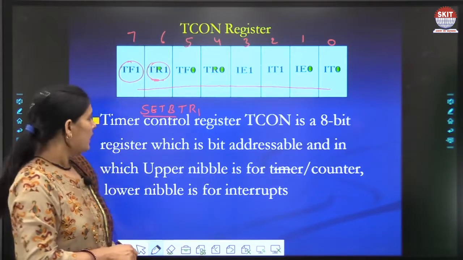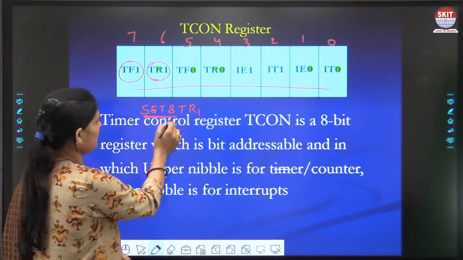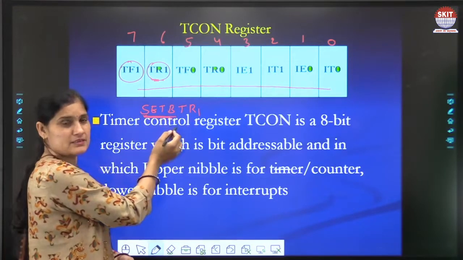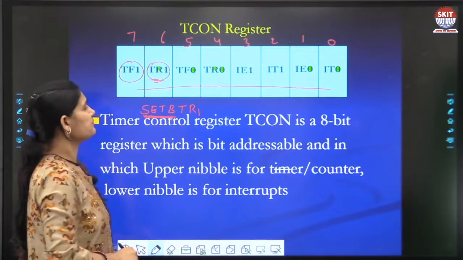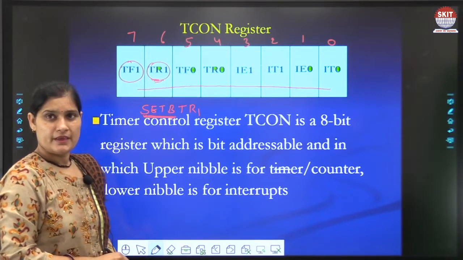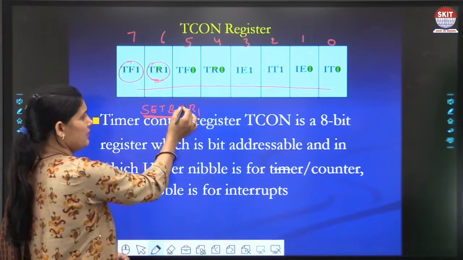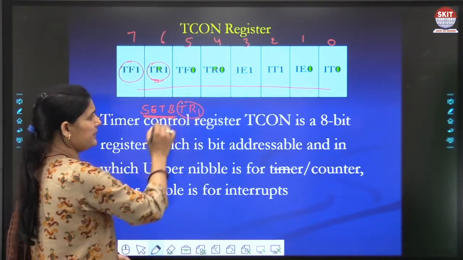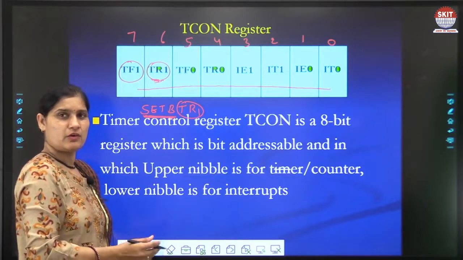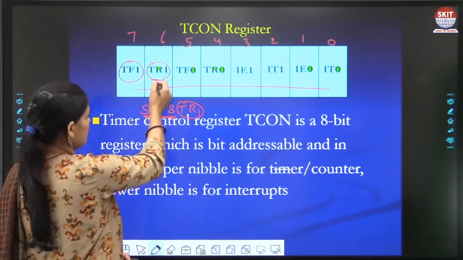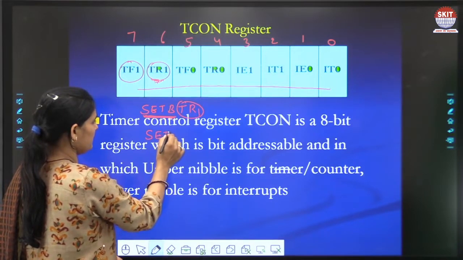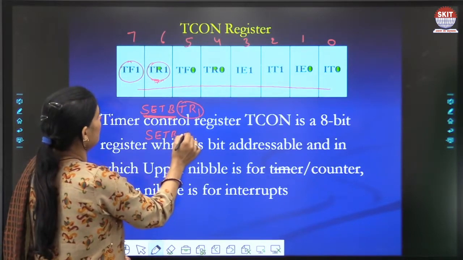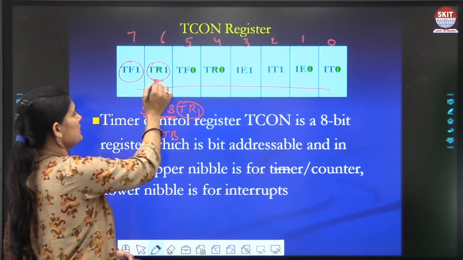So here I write SETB TR1, meaning if I want to set TR1, then I have to write this instruction, okay. You can access this bit by its name TR1, and you can also access the same bit by its number. What is the number of the TR1 bit?